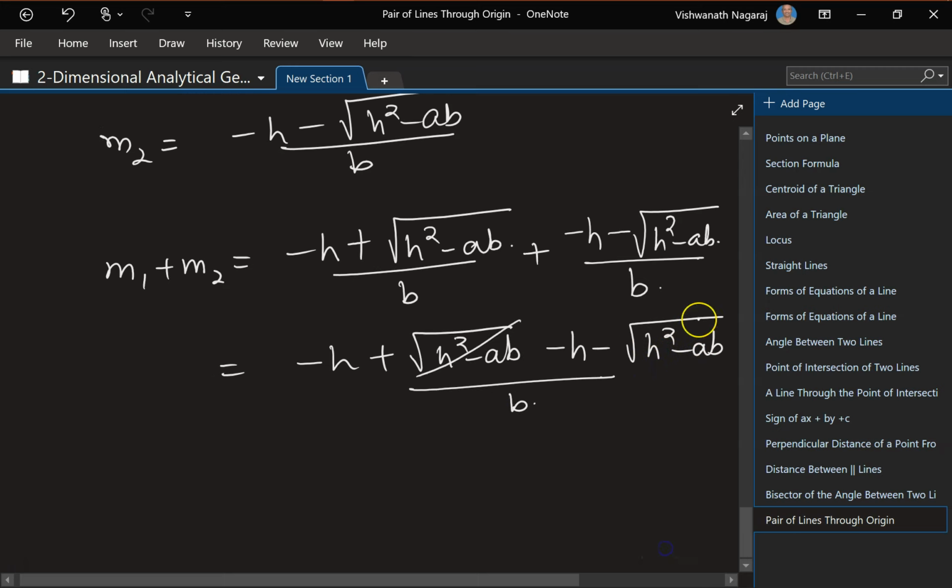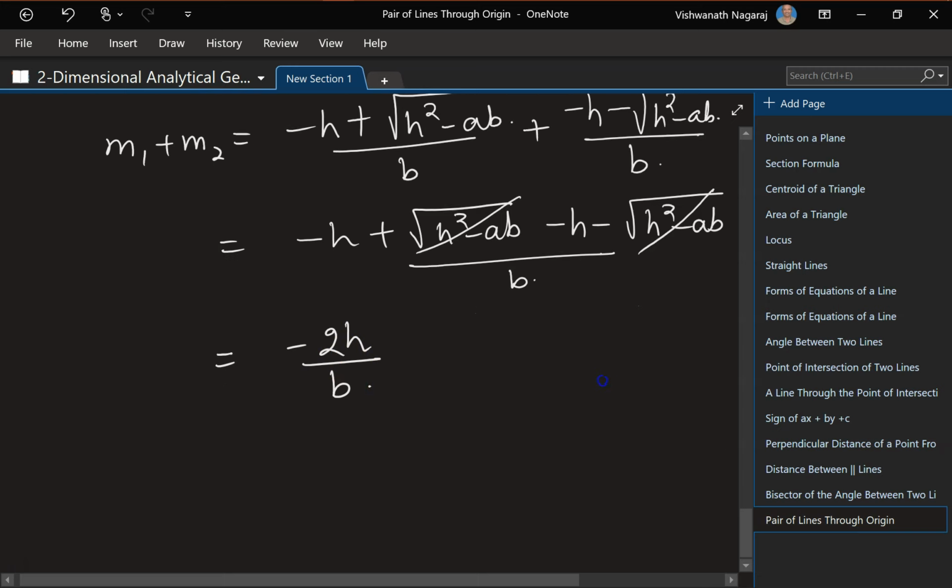Let's take the LCM. Now here the square roots get cancelled. So minus 2h by b is the sum.